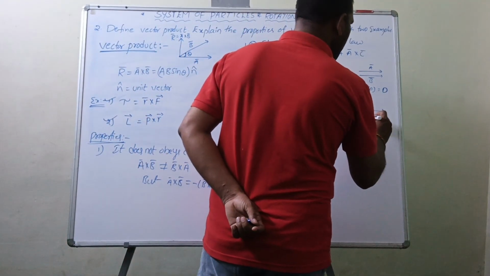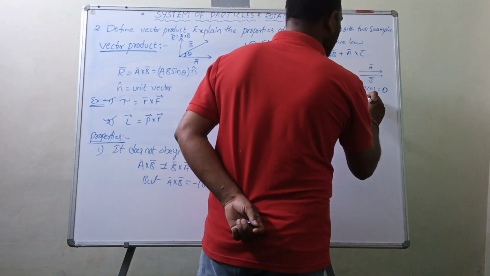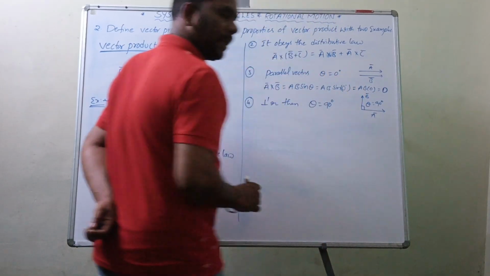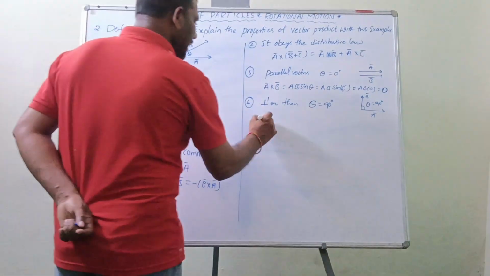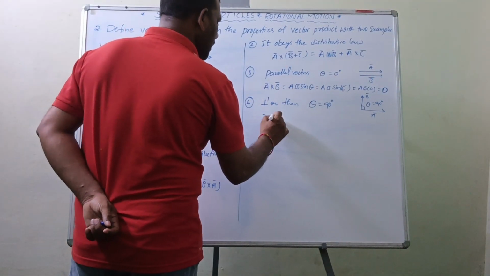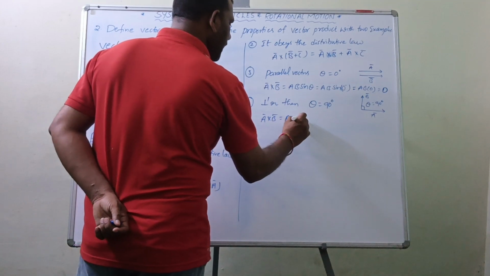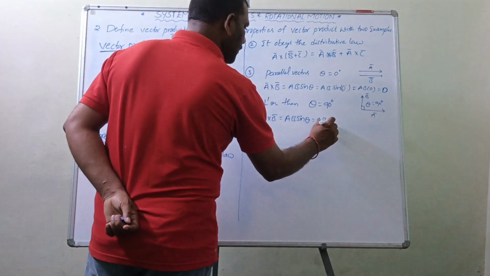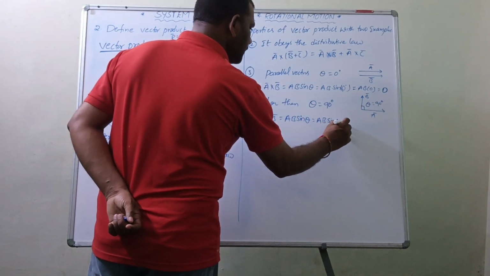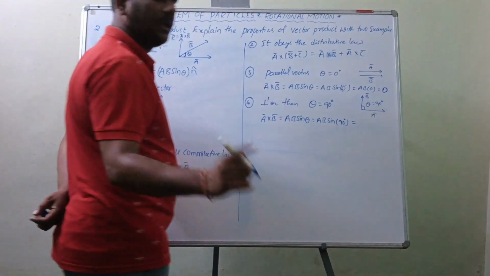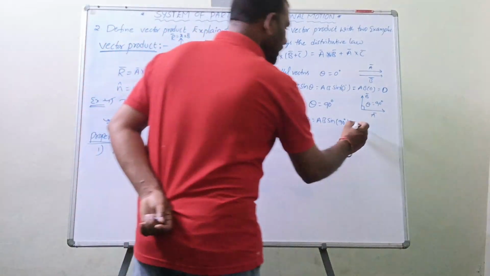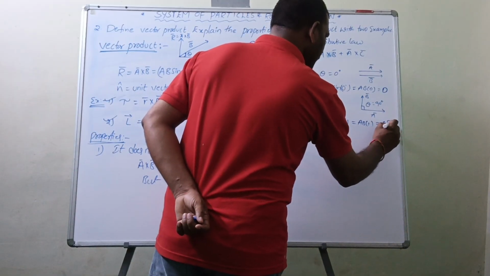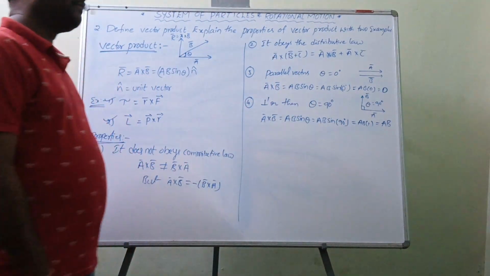That means if a bar vector and b bar vector are perpendicular with theta equal to 90 degrees, then we can write a bar cross b bar is equal to ab sin theta, which is ab into sin 90. What is the value of sin 90? Sin 90 is 1. Then ab into 1 is equal to ab. So this is one property.